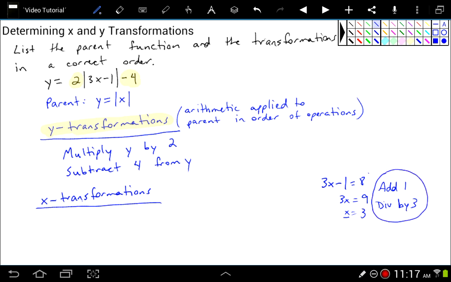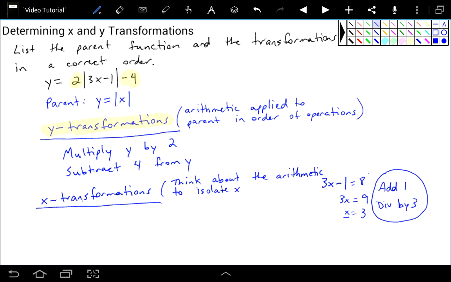The x transformations come from, well, think about the arithmetic to isolate x.